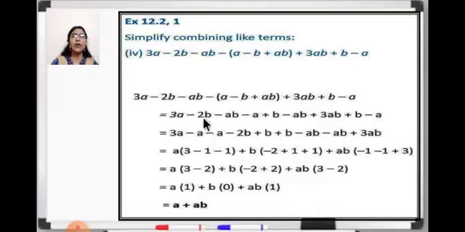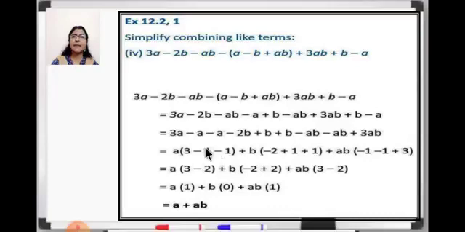Similarly, we will take all the terms with b as variable: minus 2b plus b, then plus b. So they are taken together, all the terms. And then we'll take the third one, ab. All ab terms we have taken together: minus ab plus 3ab.